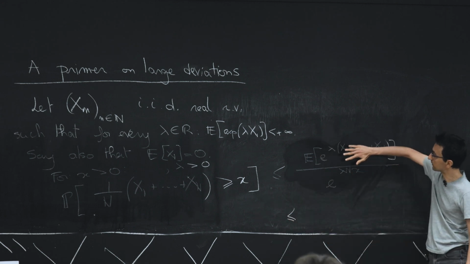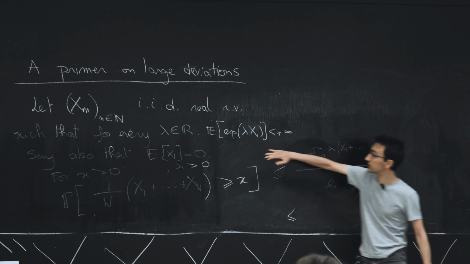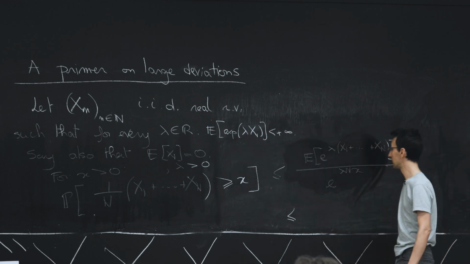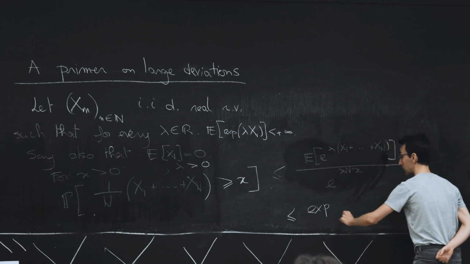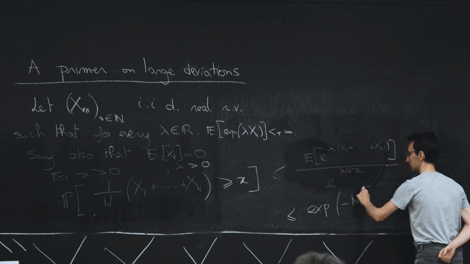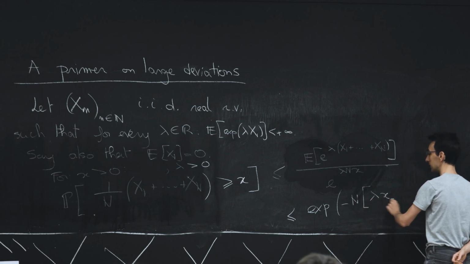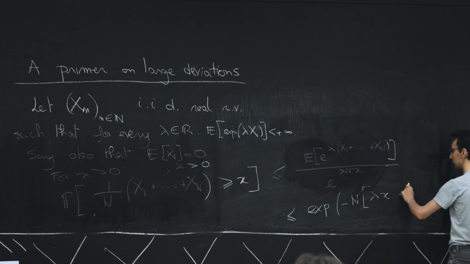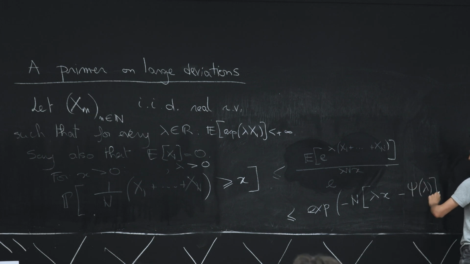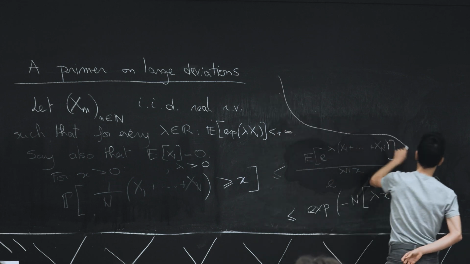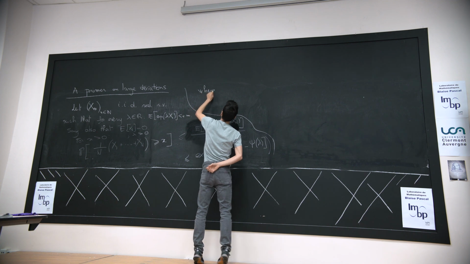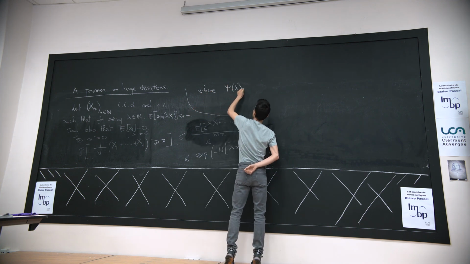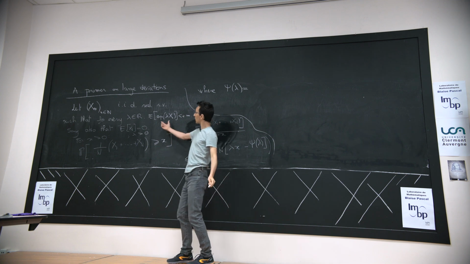And so then this is some fixed function to the power of n. This function is actually just that quantity to the power of n. So let me rewrite it like this: this is equal to exponential of minus n times (lambda x minus psi of lambda), where psi of lambda is defined to be the logarithm of that object.